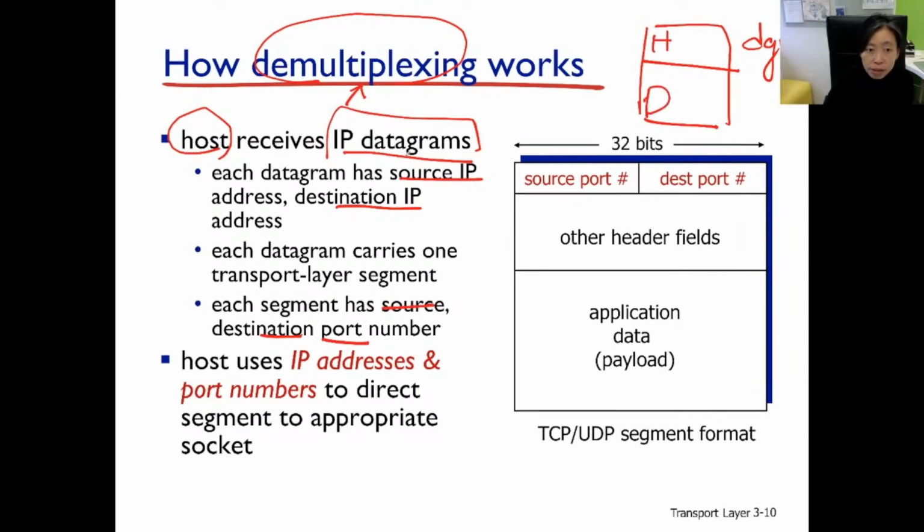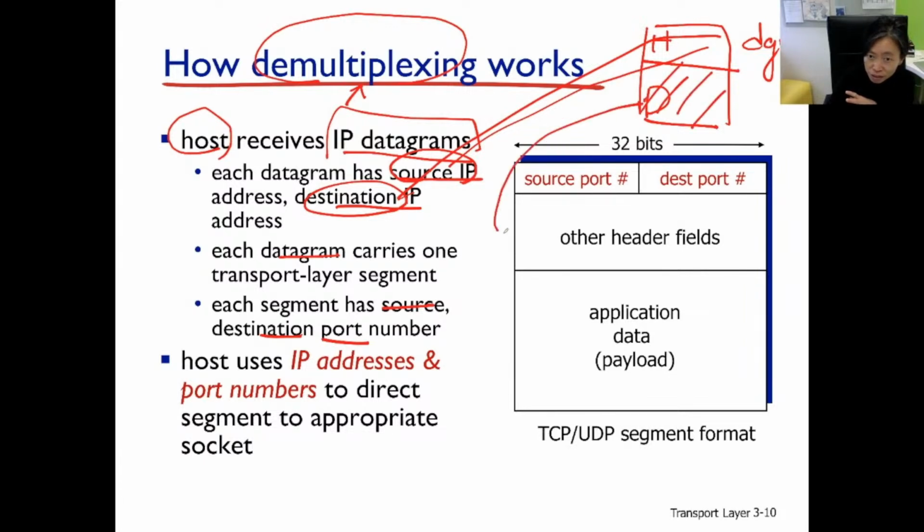Inside the header, there are these fields, the source and the destination IP addresses. So this is network layer information. And each datagram also carries a transport layer segment, which is the data part of the IP datagram. This is exactly what's depicted on the side here.